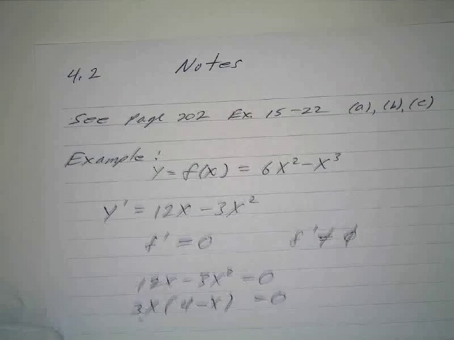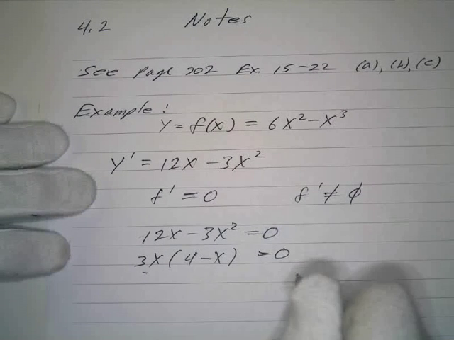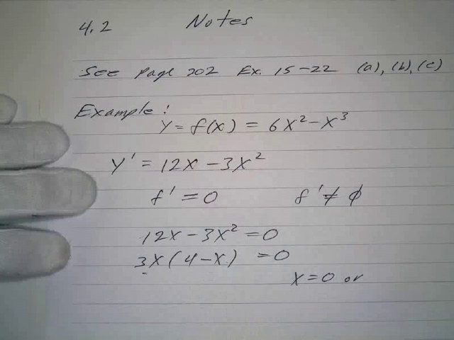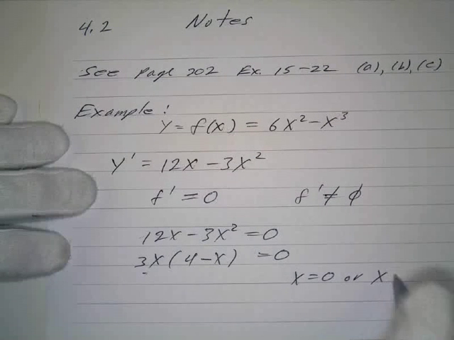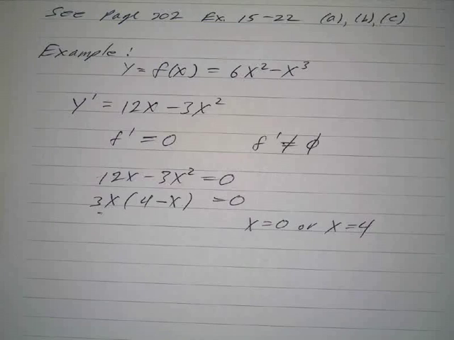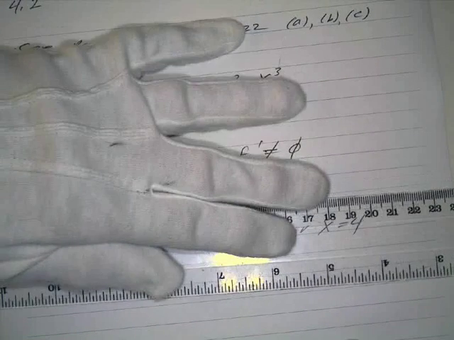So I've got two possibilities. Either x equals 0, or 4 minus x equals 0, or x equals 4. So those would be my two critical numbers. And we're going to do just the first derivative test, because this is going to be the easiest way to deal with it. And then we'll be talking about this more in section 4.3.